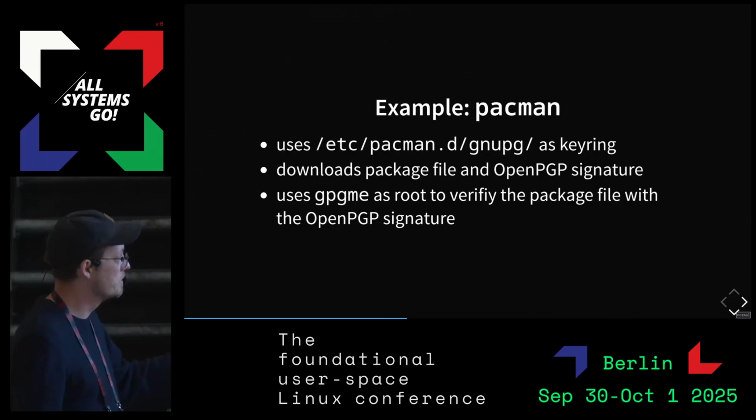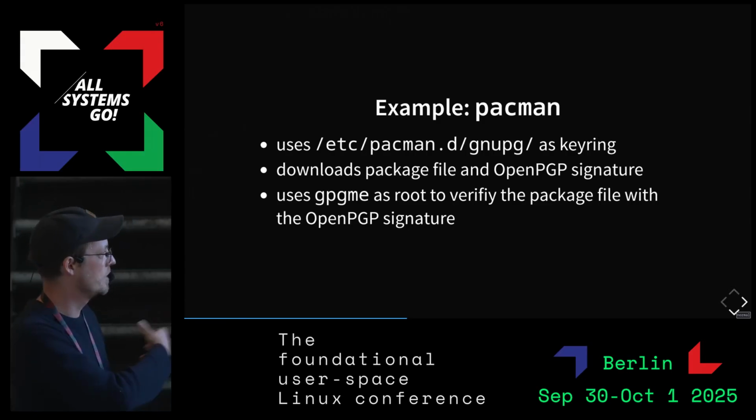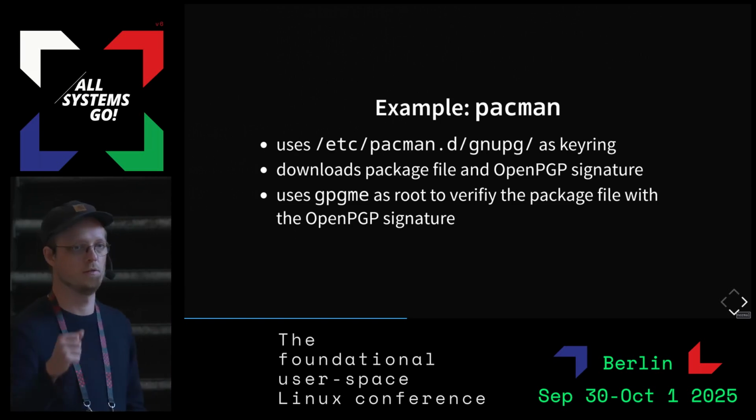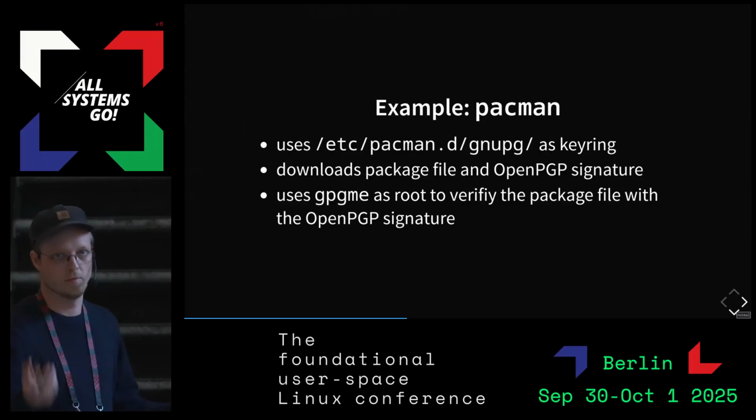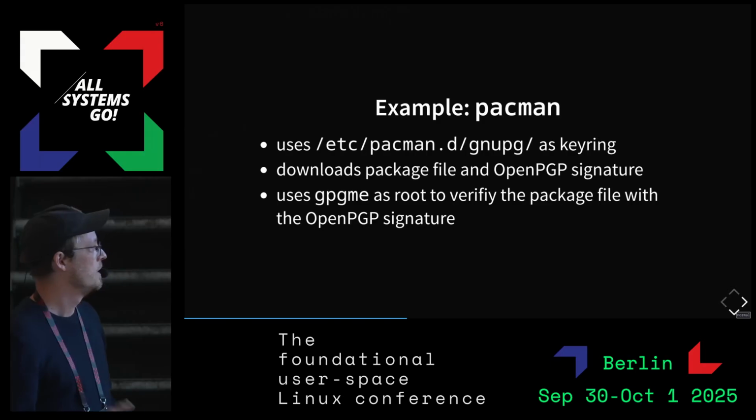A similar example is when using Pacman on Arch Linux, or derivatives. You have a stateful keyring in /etc/pacman.d/gnupg. That is the literal GNU-PG keyring directory that is being used. Pacman in this case downloads package files or repository metadata and then verifies things using this keyring.